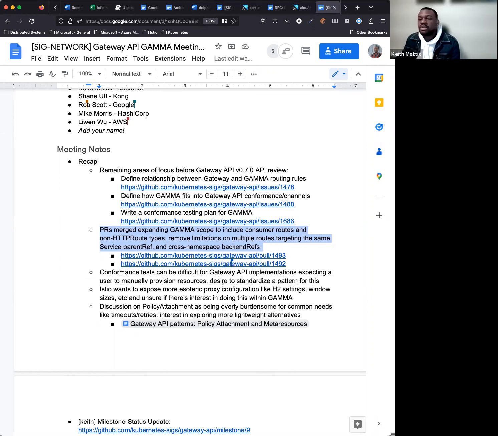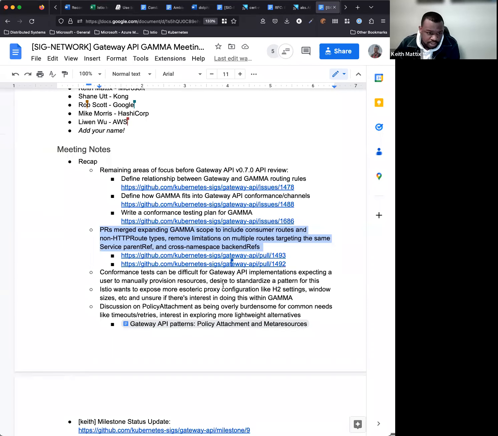Talked about conformance test difficulties that exist within Gateway API implementations. The big one here was assumptions that your load balancer or your gateway is already created, or I can't remember which direction it went.